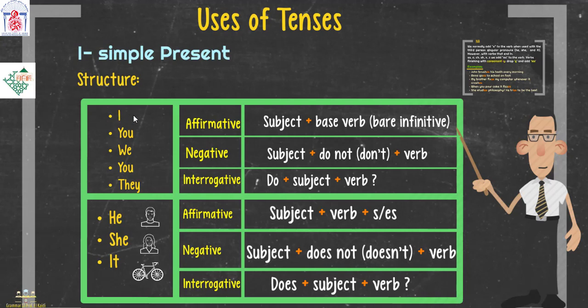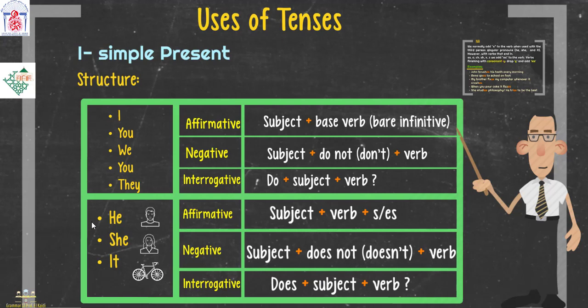Let me give you an example with the pronouns that I have here. I walk, you walk, we walk, you walk, they walk. So as you see, with these pronouns, I, you, we, you, they, we didn't make any changes to the verb, which is the verb to walk, right?